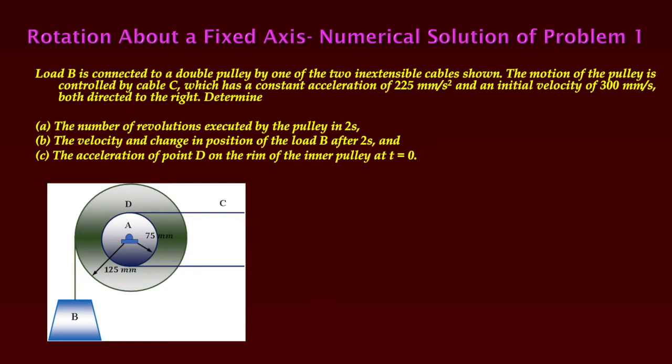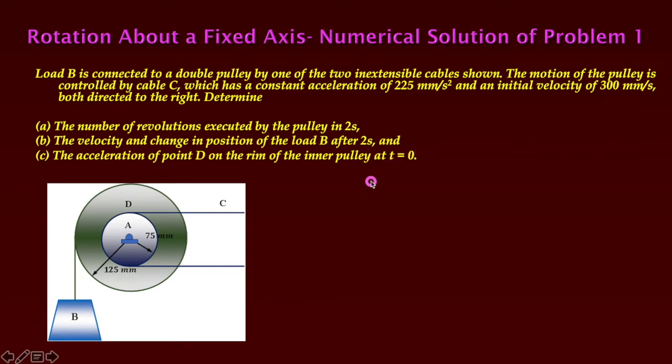What is given? At point C there is a constant acceleration of 225 millimeter per second square. It is the tangential acceleration around this, and there is an initial velocity also, 300 millimeter per second.